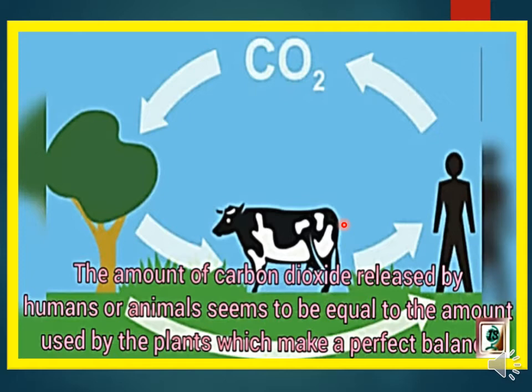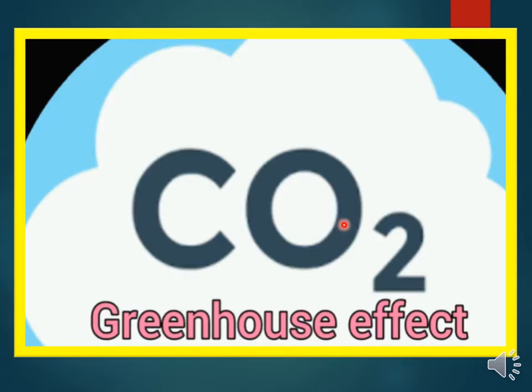The amount of carbon dioxide released by humans and animals seems to be equal to the amount used by plants, which makes a perfect balance. However, this balance can get upset. Now, carbon dioxide released in the atmosphere creates a greenhouse effect by trapping the heat radiated from the earth.